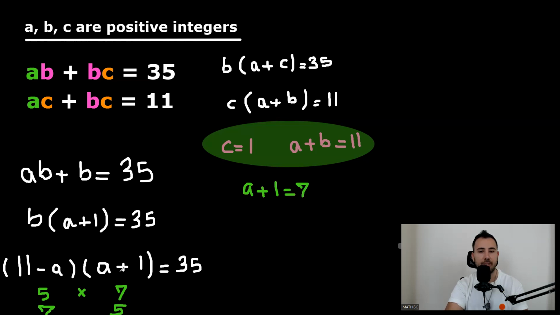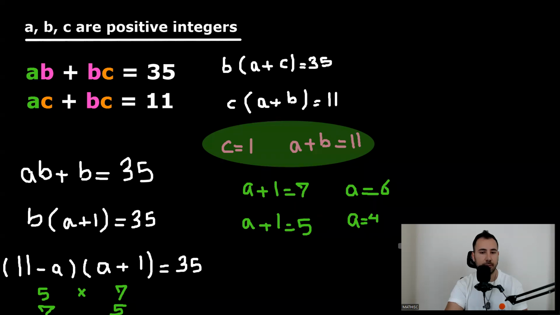In this case, A would be 6. If A is 6 here, this would be 5, 35. That's okay. The other case would be A plus 1 becoming 5. So from here, A would be 4. So for example, if A is 4, this would be 5, this would be 7. So definitely works.